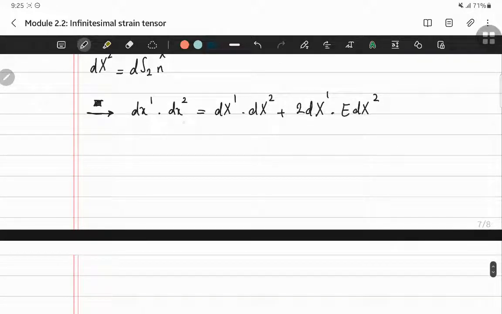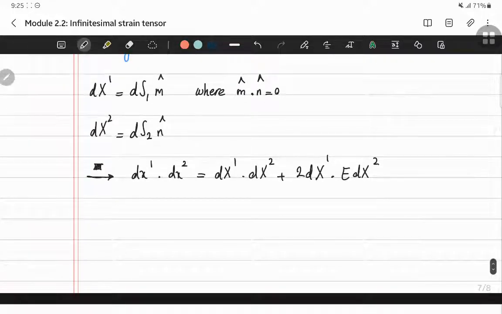And the dot product of these two is not 0, because we initially assumed that m dot n is equal to 0, but their deformed versions may not be. There might be another angle between them.